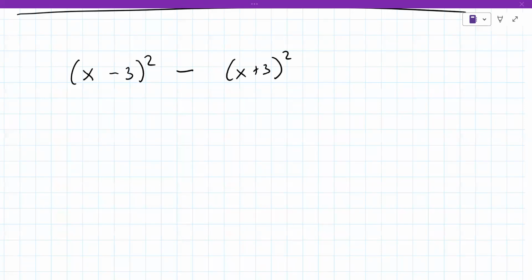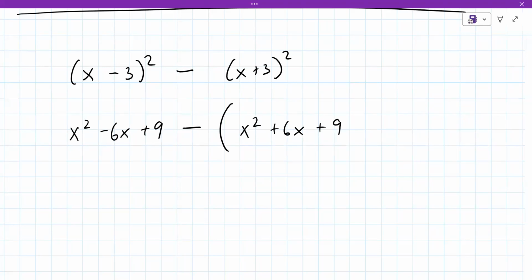Is it 0? Let's check here. So this is x squared minus 6x plus 9. Is this what you have? Yep. And then x squared plus 6x plus 9 like this, right? And then you subtract everything. So it's minus x squared minus 6x minus 9. It's not 0. Oh yeah, it would be negative 12x, right? It'd be negative 12x. Good.